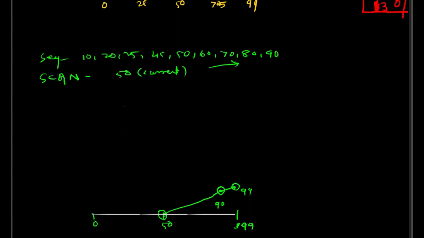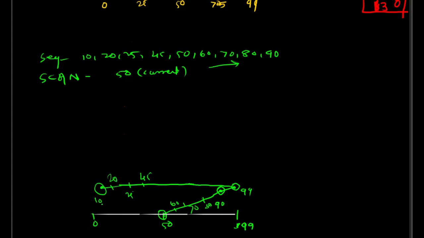From 99 it will reverse the direction and will process the remaining requests in the opposite direction. Which requests have we processed in this direction? 50 to 60, 60 to 70, 70 to 80, 80 to 90. Now the remaining requests are 45, 25, 20, and last is 10.